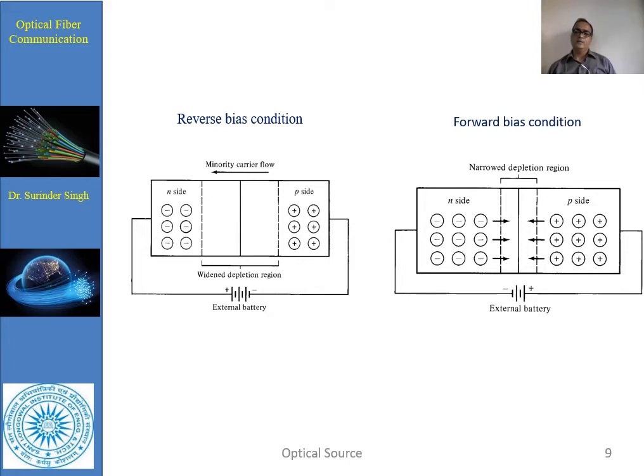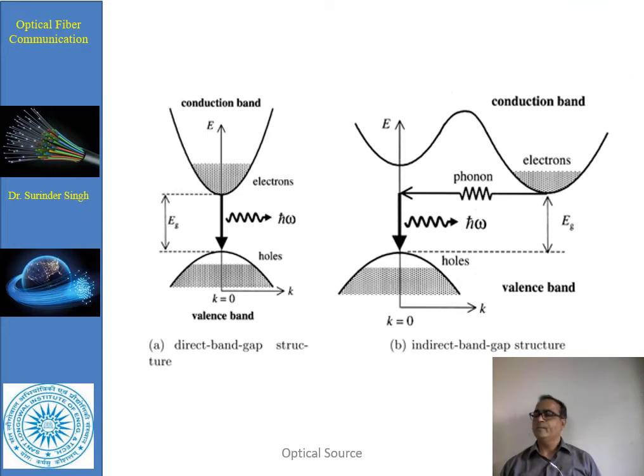Now next we'll discuss the direct and indirect band gap materials. In this case, electron transition takes place from the conduction band, with either absorption or emission of a photon.